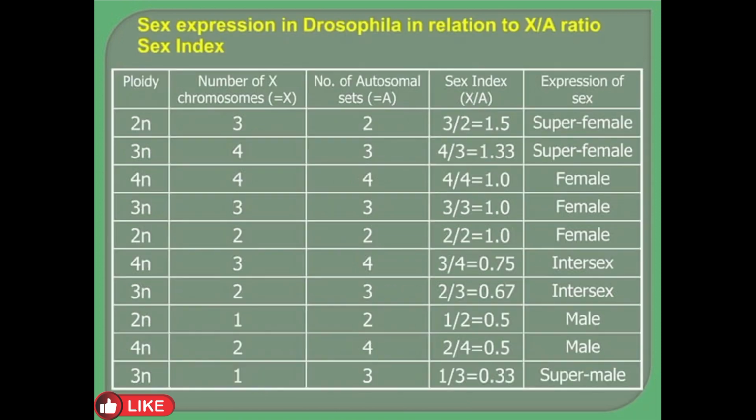super male. So here you can see in the table that at an X/A index ratio of 1 a normal female will be developed, and at 0.5 a normal male will be developed. In between 0.5 and 1 an intersex will be developed, below 0.5 a super male is developed, and above 1 a super female is developed.